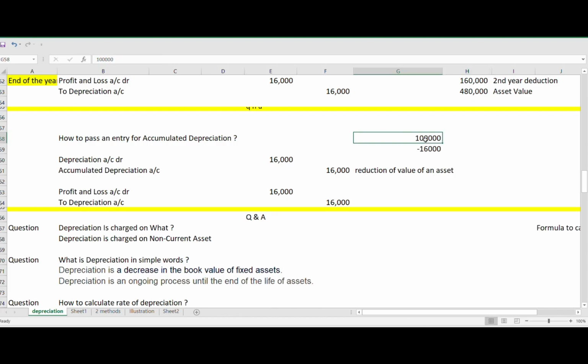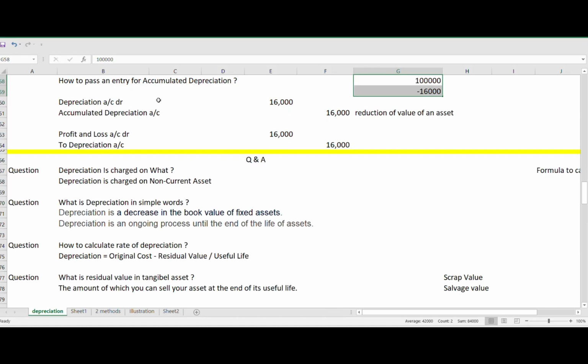See here, the cost of the asset is 100,000 and the depreciation is 16,000. So this will get minus with 16,000, and the book value will be 84,000.